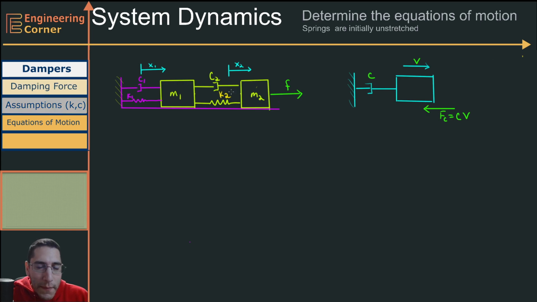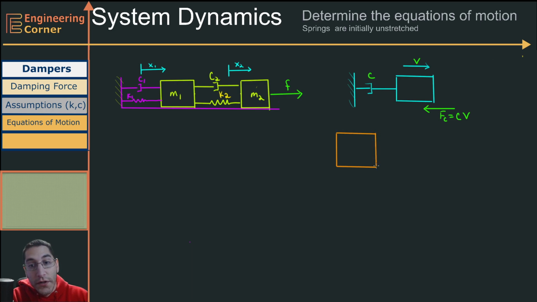Now, when we're making the assumptions and we have two masses, it's very important, just like when we were dealing with springs, that we keep our assumptions constant for each of these masses. So what we're going to do is draw a free body diagram for both of these masses.